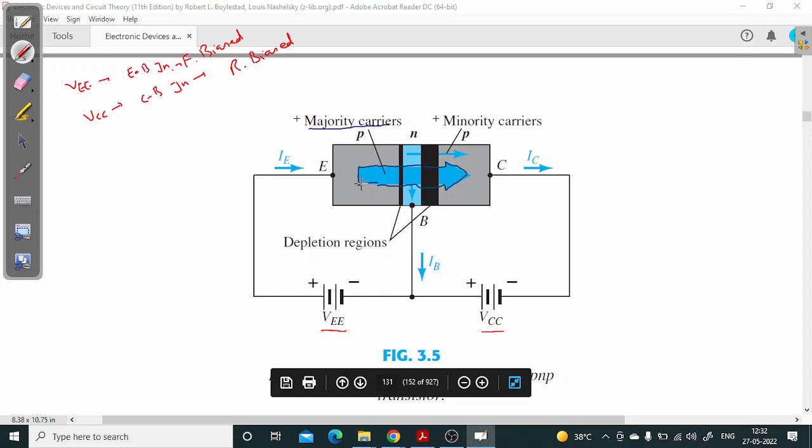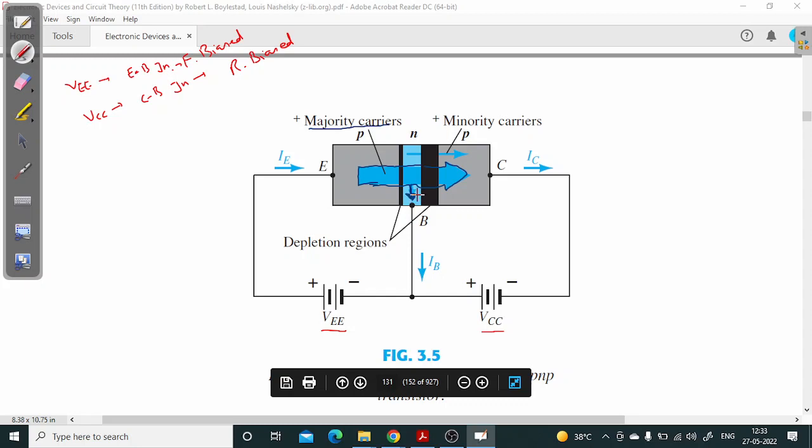okay. So the holes coming from emitter towards base will enter into collector, and this is why the arrow is shown like this, from emitter towards collector. But a very small portion of this will deviate from this direction and will travel through this base terminal. That is why, look at this, at the bottom side I am drawing a thin arrow, this one.